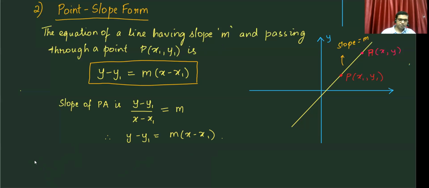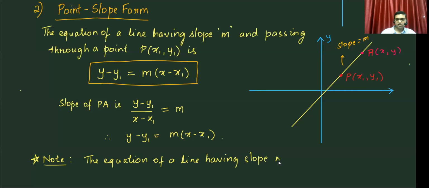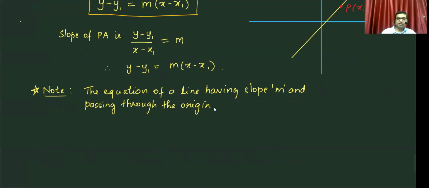Very important note. The equation of a line having slope m and passing through the origin is y is equal to mx.